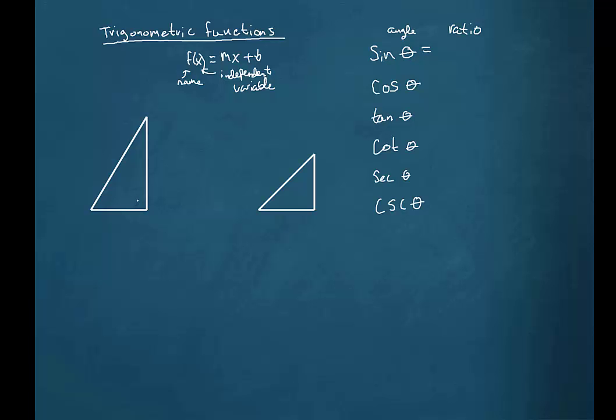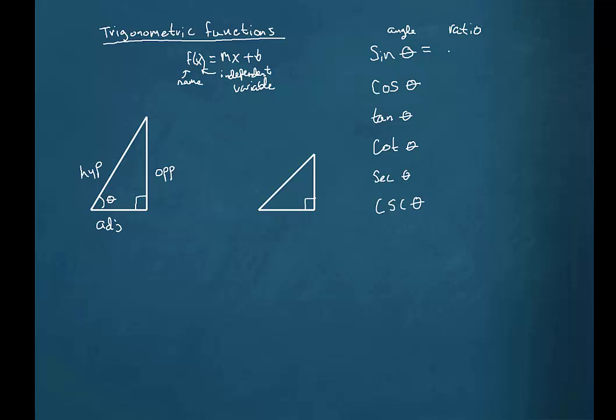When we have right triangles, as with these two triangles, where we have a right angle, then theta would be one of the other angles. Like, for instance, it might be this angle. Notice that relative to this angle, this side is opposite, and this side would be adjacent, and this side would be the hypotenuse.